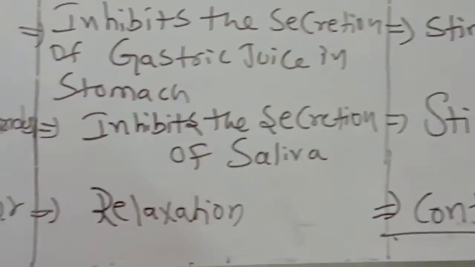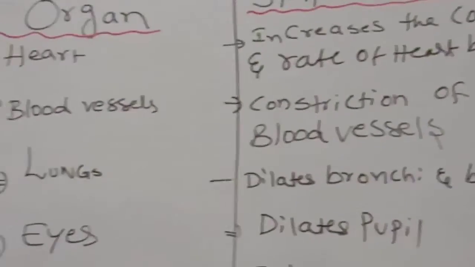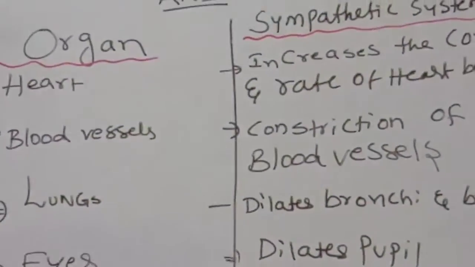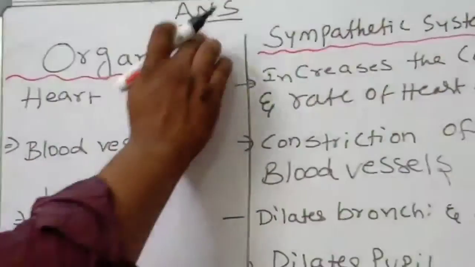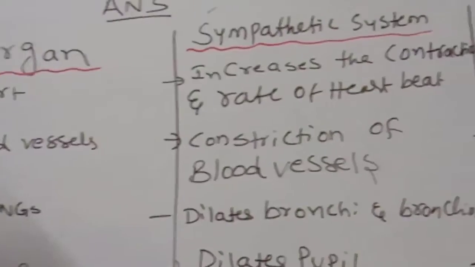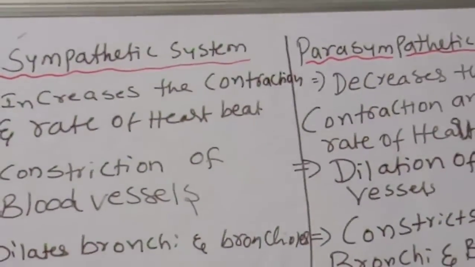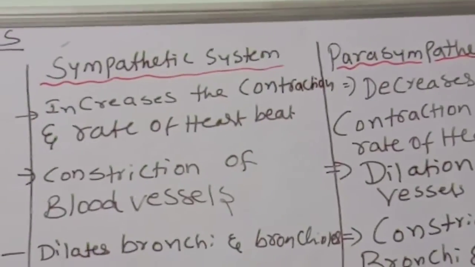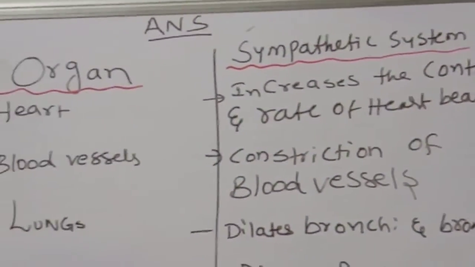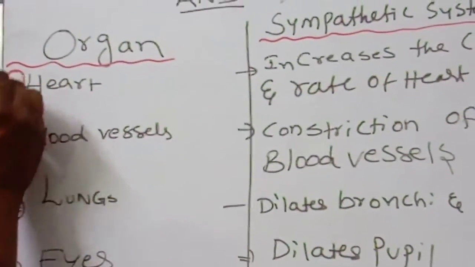Okay, children, observe very carefully what we are discussing. The ANS, based upon origin and function, is divided into two parts, sympathetic and parasympathetic. Now, what is the effect of these on the organs we are discussing? First organ, heart.